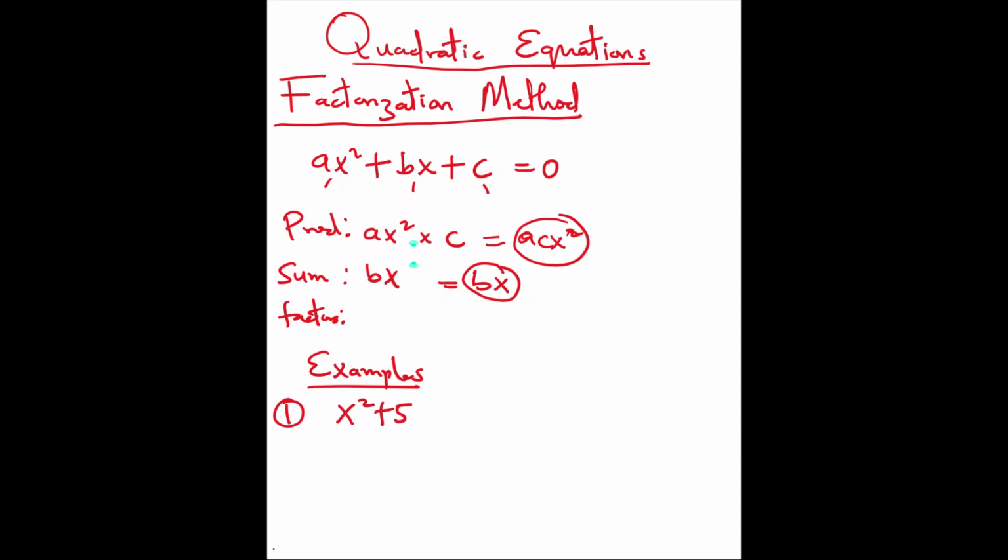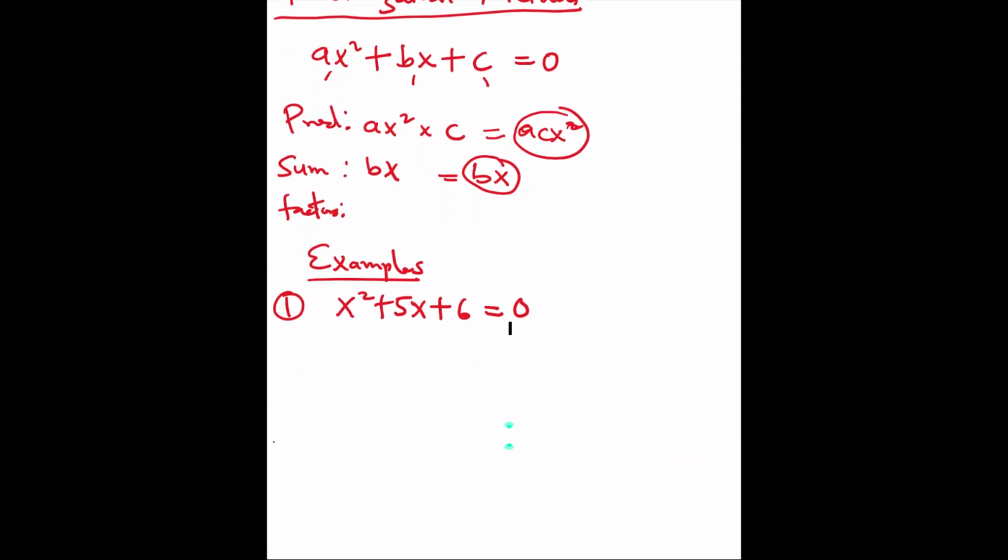So we have x squared plus 5x plus 6 equals 0. Now the product will be x squared times 6, that's 6x squared, and the sum is the middle term, which is 5x.